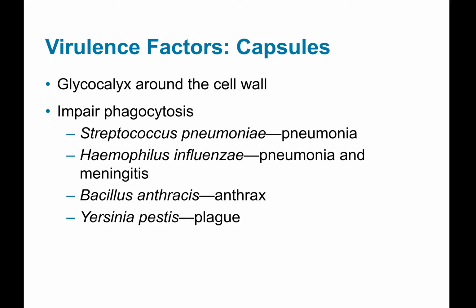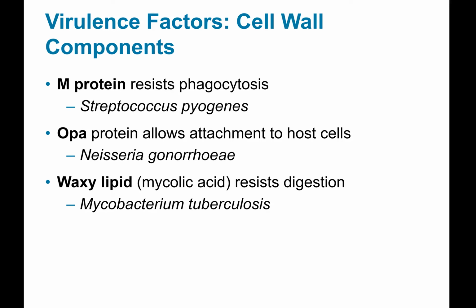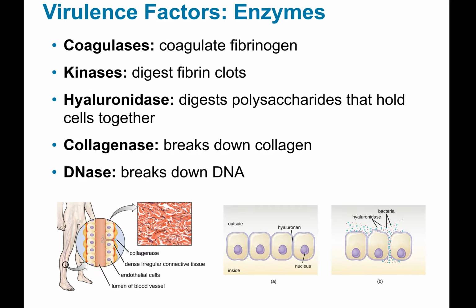So bacteria that have capsules tend to be more virulent or more pathogenic. But it's not just capsules, because some bacteria don't have capsules, but they still have the ability to attach to our cells and to avoid destruction by our immune cells. So you have some other cell wall components like M protein, the OPA protein, and mycolic acid, which is found in mycobacteria.